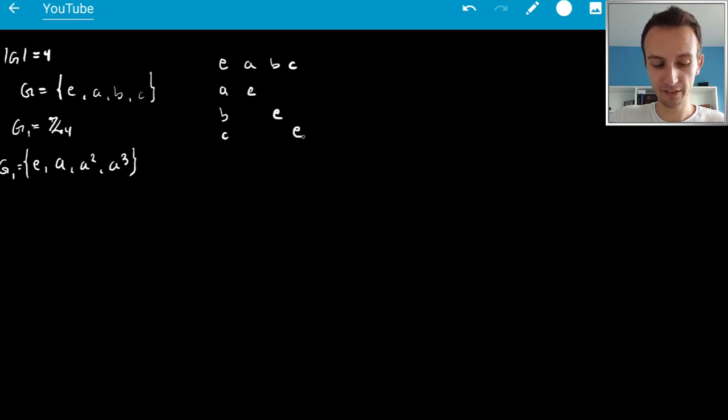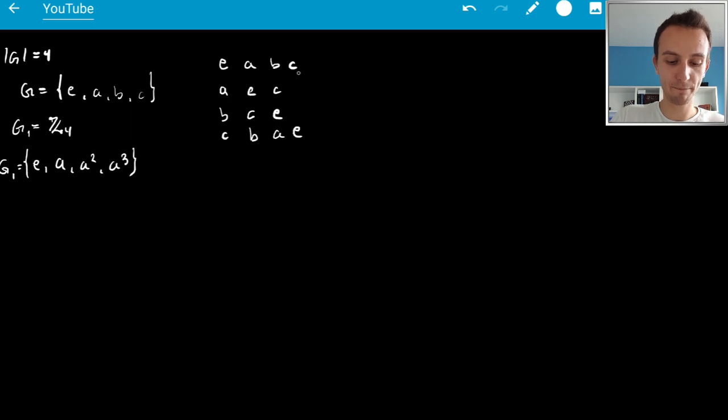And if each element is its own inverse, then you can see that these 3 elements have to be taking each other to the third one. So for example, B on A should give you C. C on A should give you B, C on B should give you A. You see what I mean? They're cycling through each other.